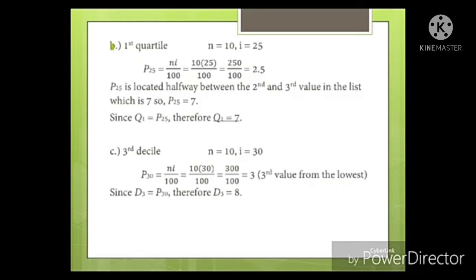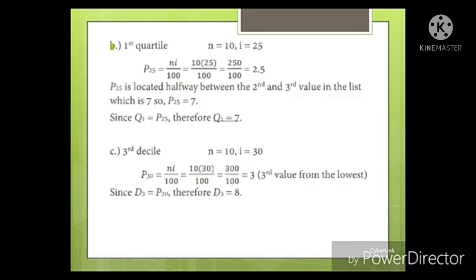Next, we will solve for the third decile. We have the given n, which is 10, and i, which is 30, because the third decile is equal to the 30th percentile. We will use the formula P30 is equal to n i over 100, then replace n by 10 and i by 30.